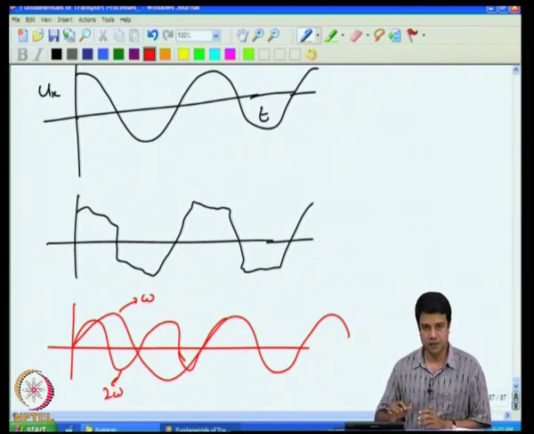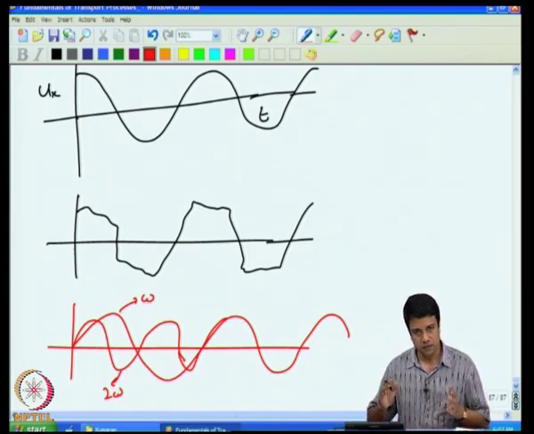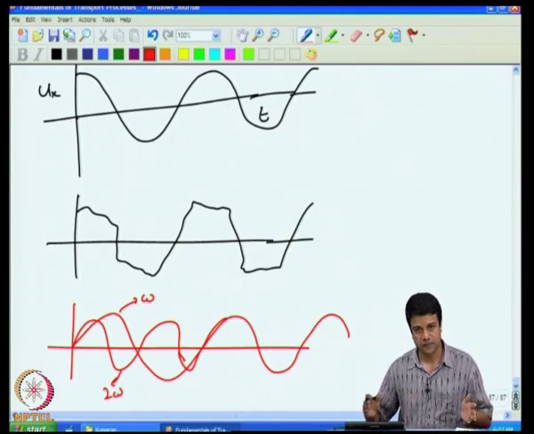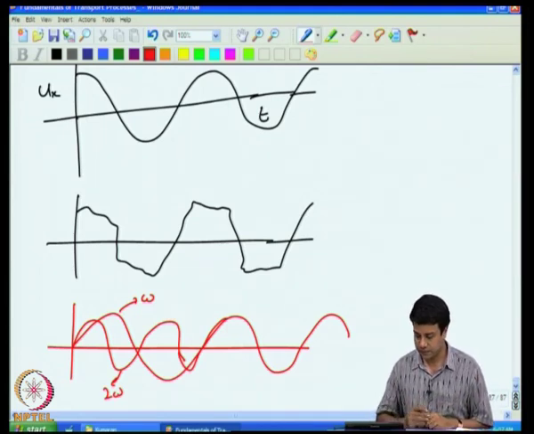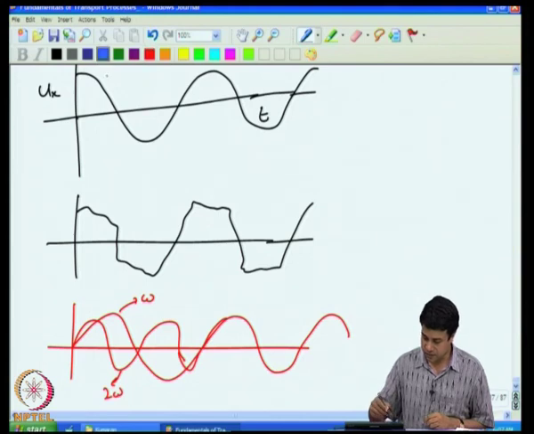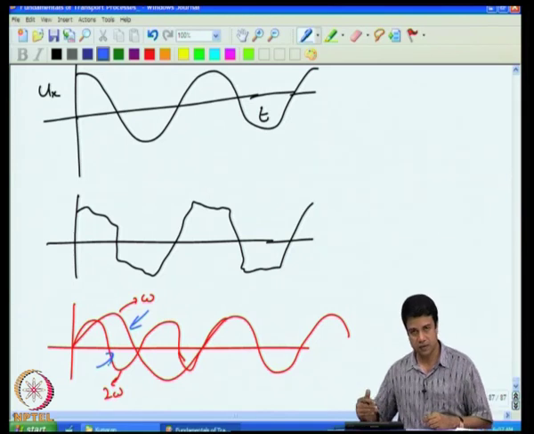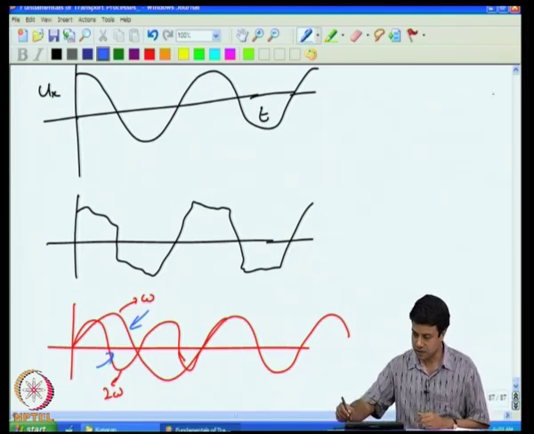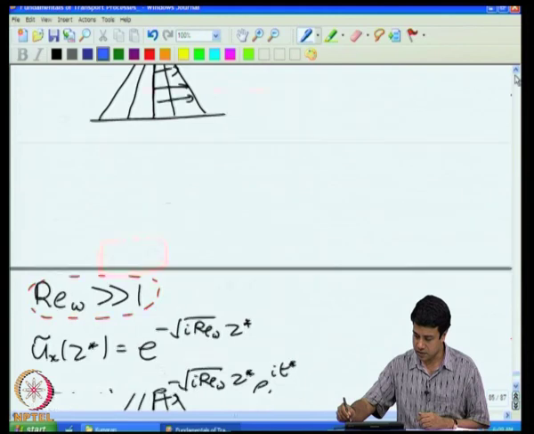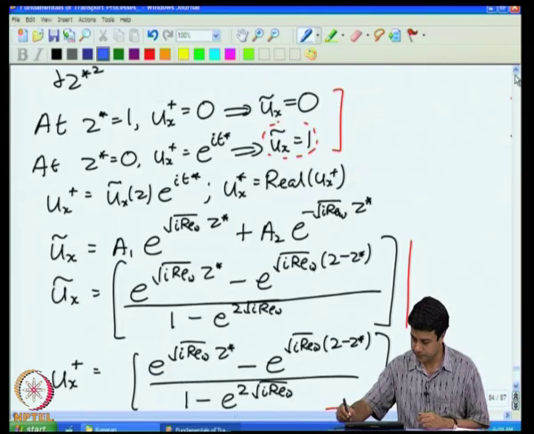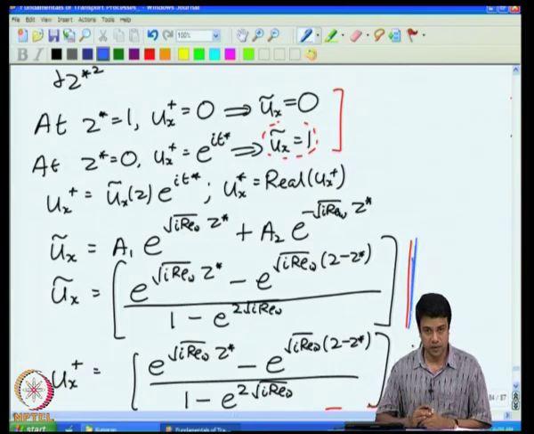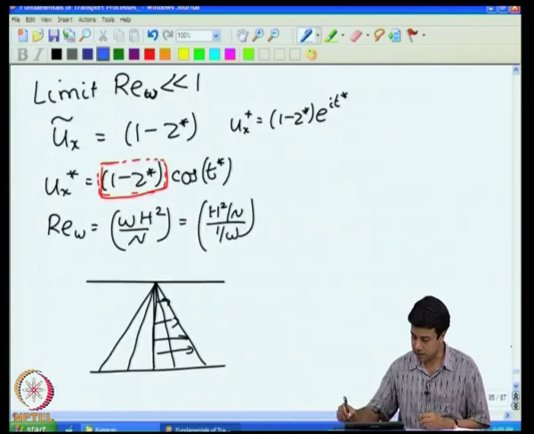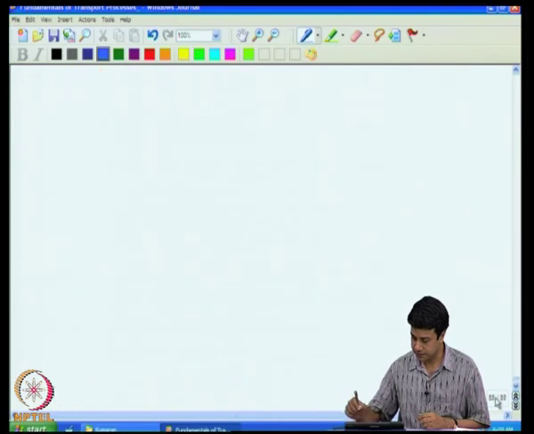So any function can be decomposed into its fundamental mode, the frequency of the largest oscillation omega, plus all of its harmonics. Okay. And so I can solve individually for each of these. Solve the equation, get the solution for each of these harmonics, and then add them all up, and I will get the solution for this more complicated form of the wave. Okay.